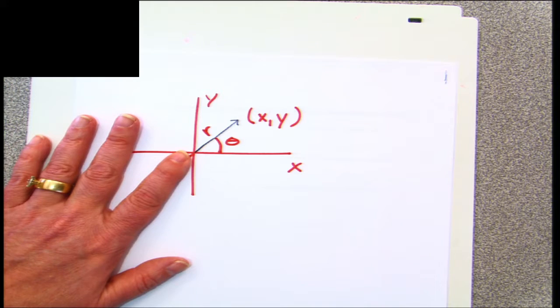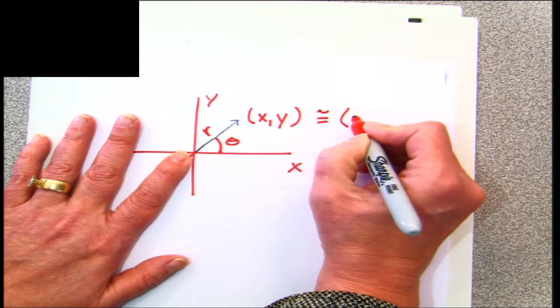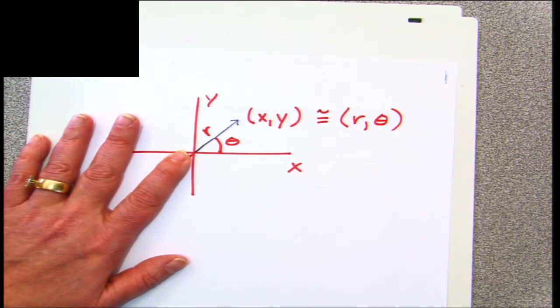So I can use either Cartesian or polar coordinates. As we get to circular motion down the road, we'll deal a lot more with polar coordinates, so you'll want to know how to go back and forth between polar and Cartesian coordinates.